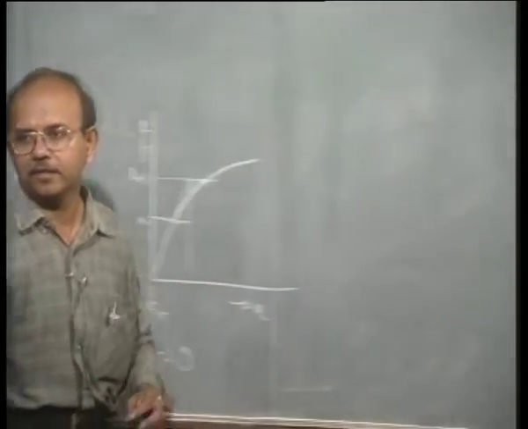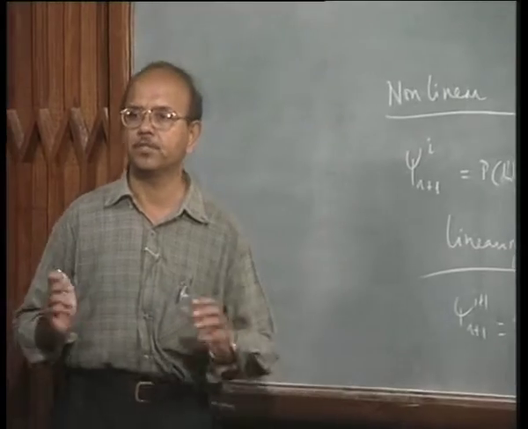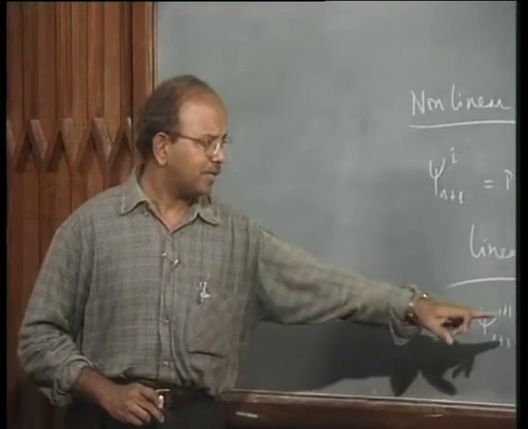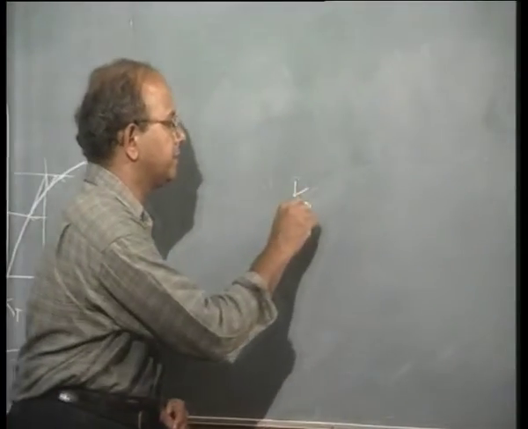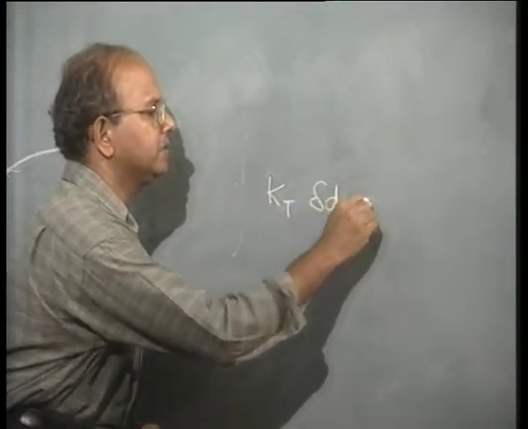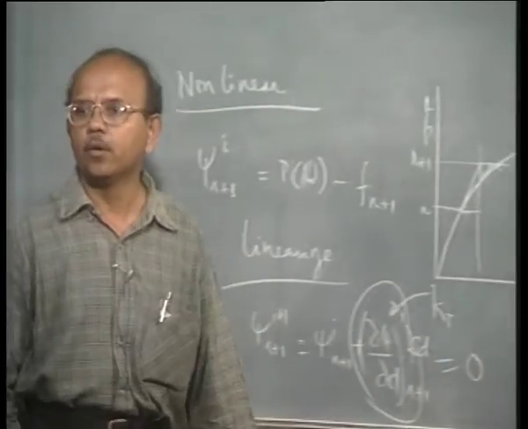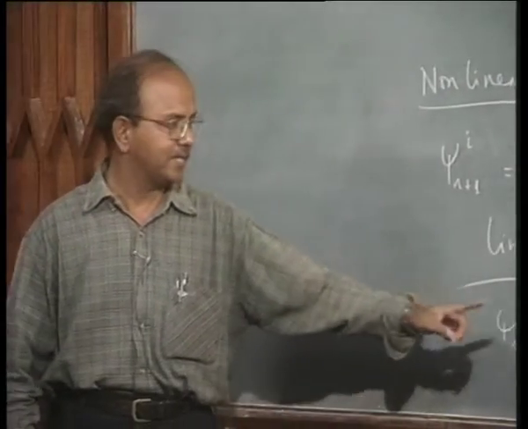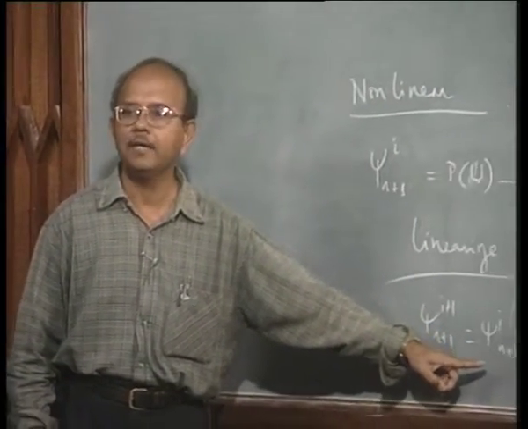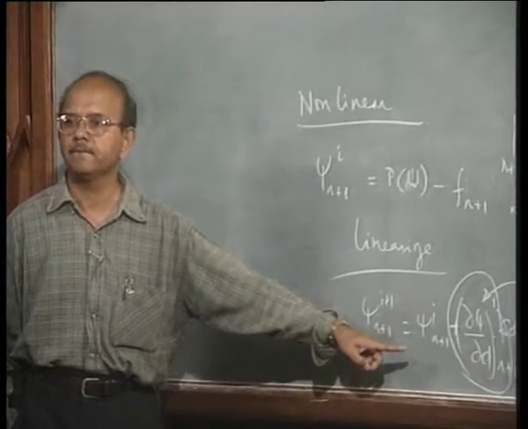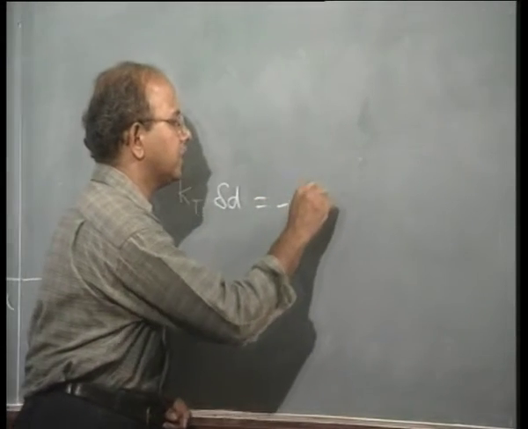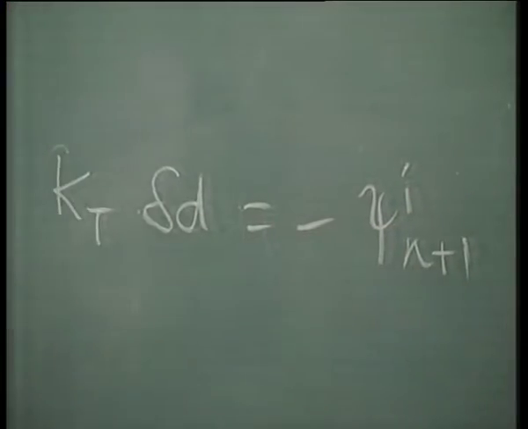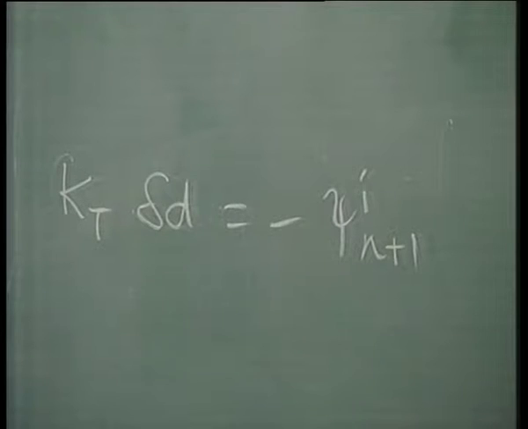Let me extend it to get from the physical to the mathematical picture. What does this equation signify? It signifies that KT delta D is equal to minus psi i n plus 1, isn't it?